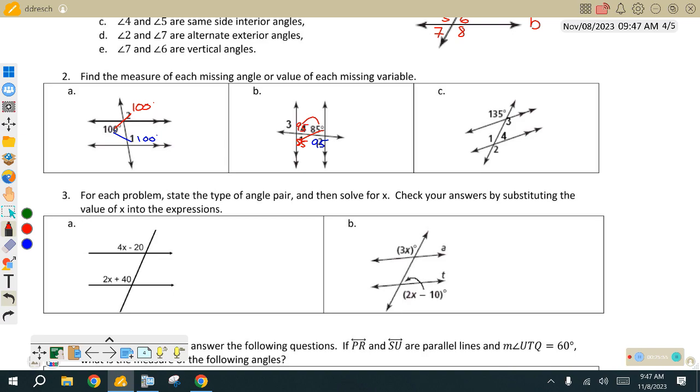Did I have to do that route? No. I could have done another alternate interiors right here. I could have done a linear pair right there. There's more than one way to do all these. Angle 3. What does somebody have for angle 3? 85. For myself, I see correspondings right here. 85 and angle 3 are in the same relative position.